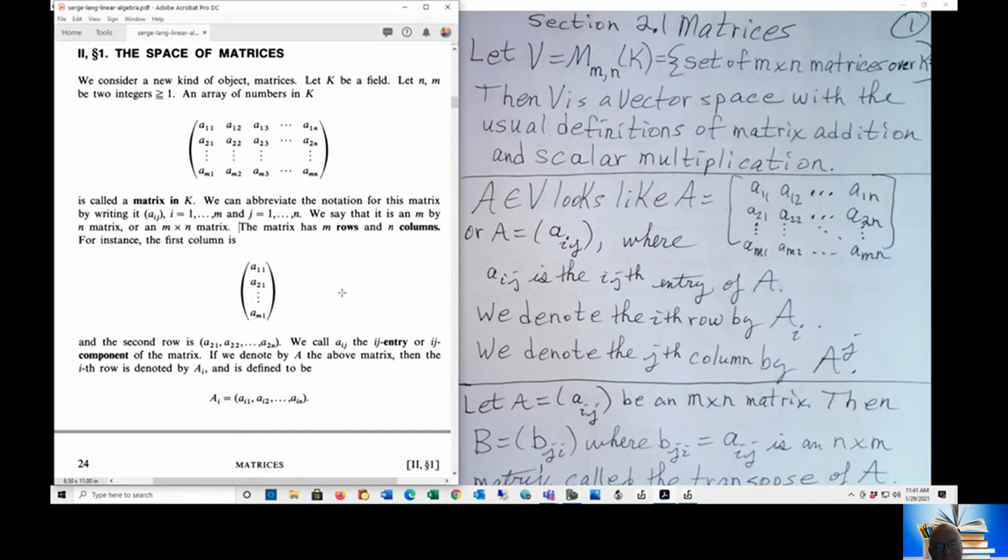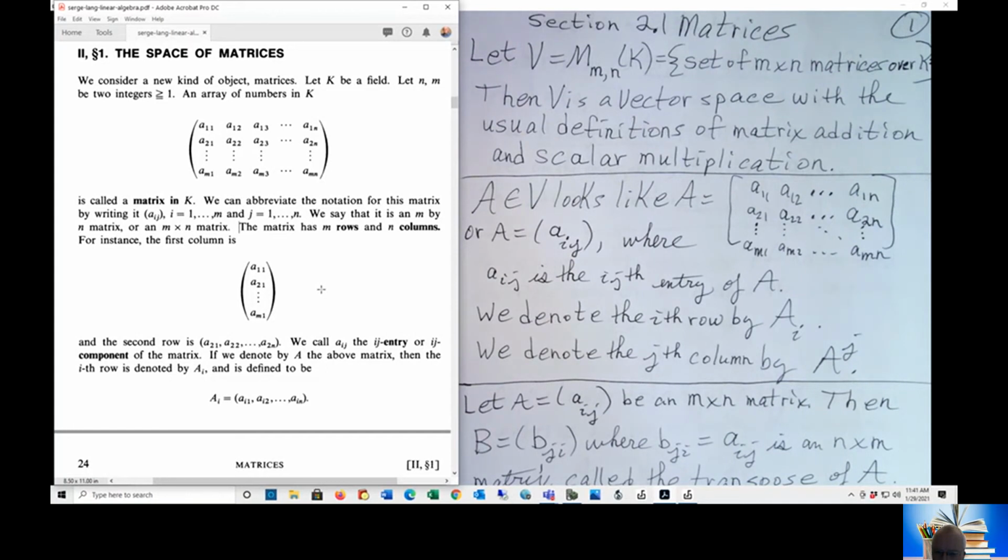The space of matrices, and here is my notation for the set of all m by n matrices over field K. Let V be capital M sub little m comma n over K, the set of all m by n matrices.